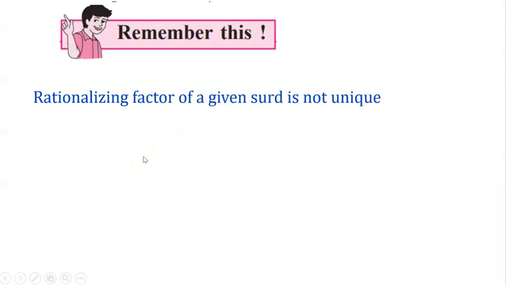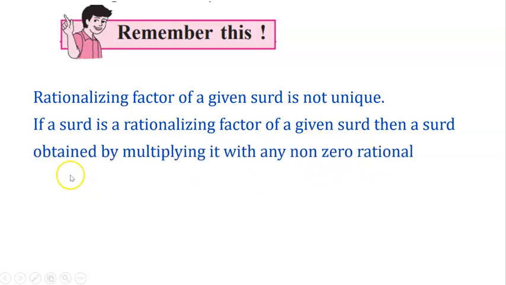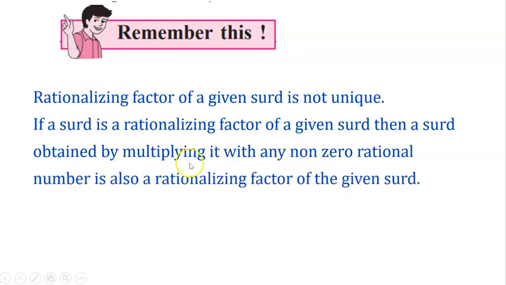Now remember this: the rationalizing factor of a given surd is not unique. If a surd is a rationalizing factor of a given surd, then the surd obtained by multiplying it with any non-zero rational number is also a rationalizing factor of the given surd.